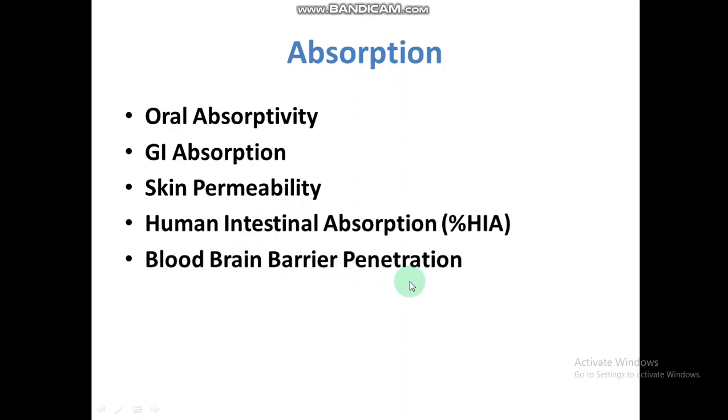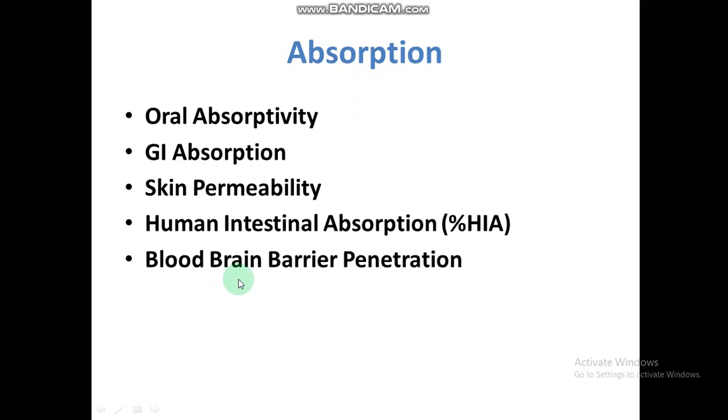Blood-brain barrier penetration is also an important parameter. For the medicine that we design or we are going to synthesize, we check whether it will cross the blood-brain barrier or not. There is a barrier between blood and the brain. When blood enters our brain, there is a barrier, and most of the compounds do not enter inside our brain.